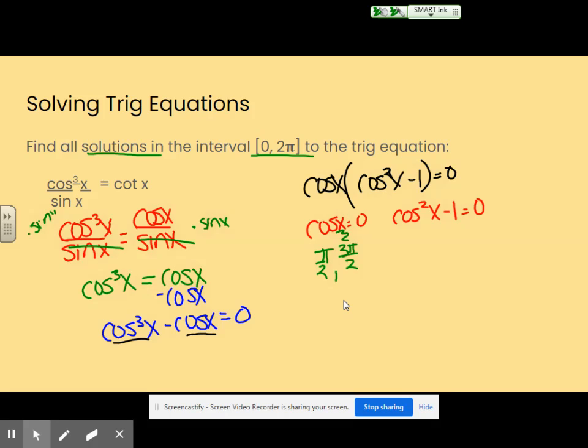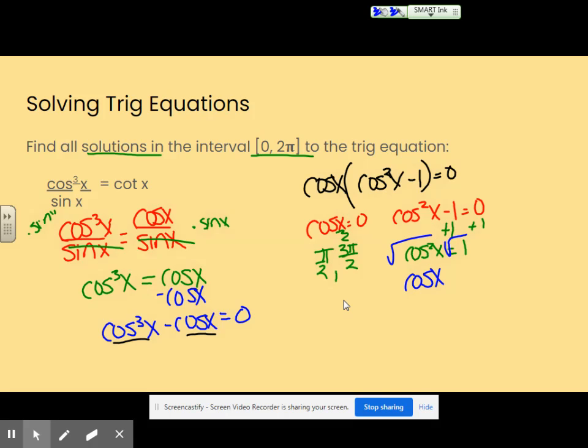So first, I'm going to do what I would do any other time if I had an x squared minus 1. I'm going to add 1 to both sides. Now I have cosine squared x equals 1, which is pretty close to what I want. I want it to be cosine equals something. I'm going to take the square root of both sides.